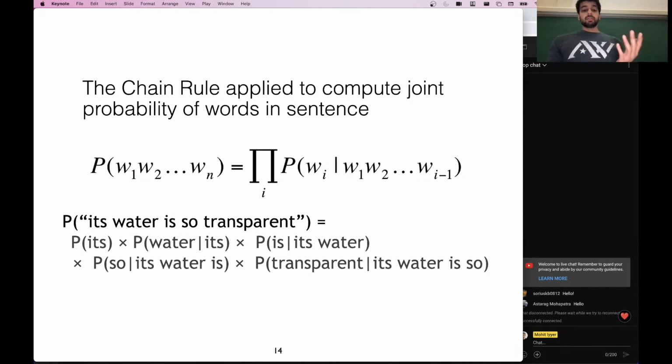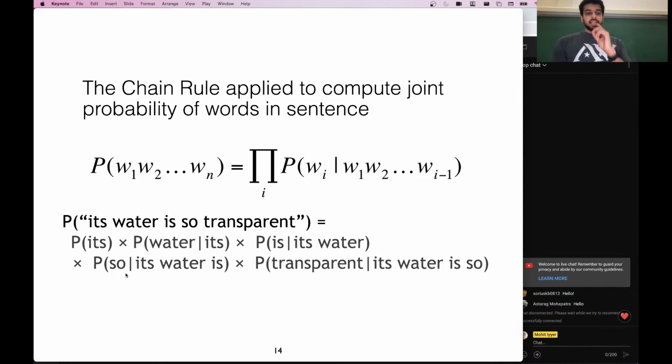So I compute the frequency and that becomes my probability of "its". So what we just did is called a unigram model. This means that we are computing the probability of "its" without any context, like any preceding words, right? And the unigram probability, it's called a unigram because it's just one word, is just the frequency of that word in a given piece of text.